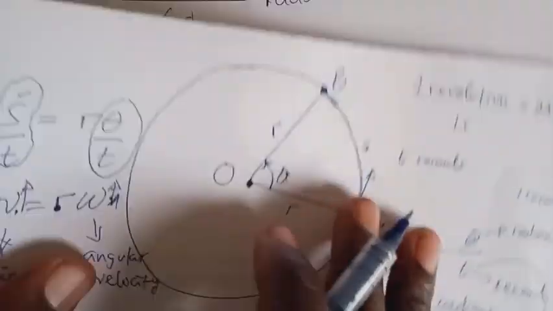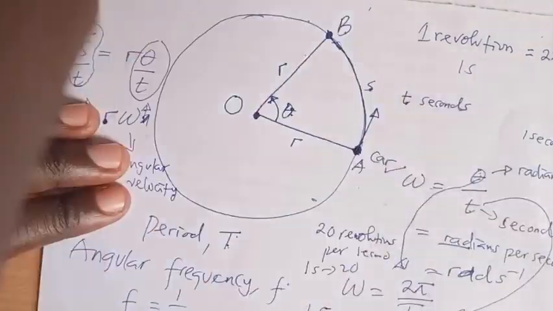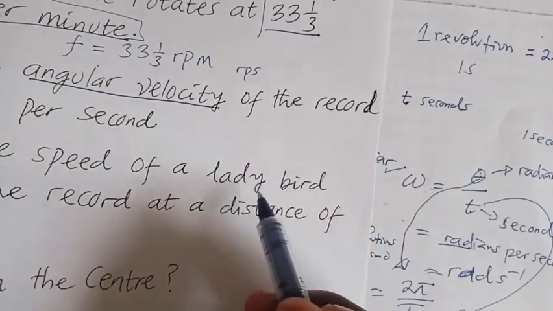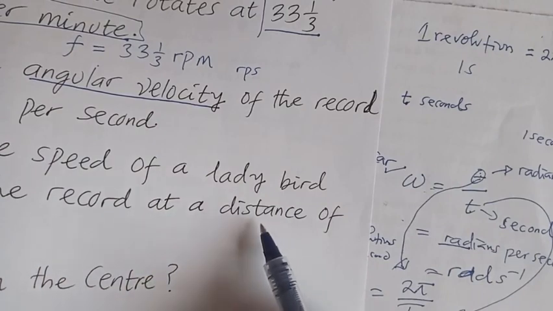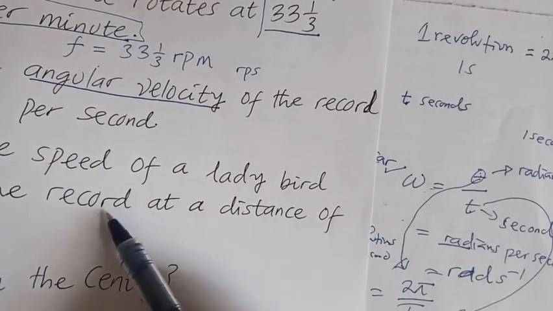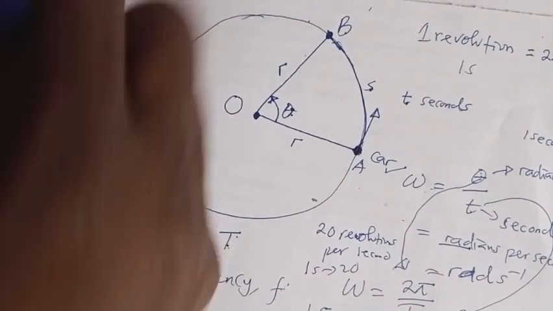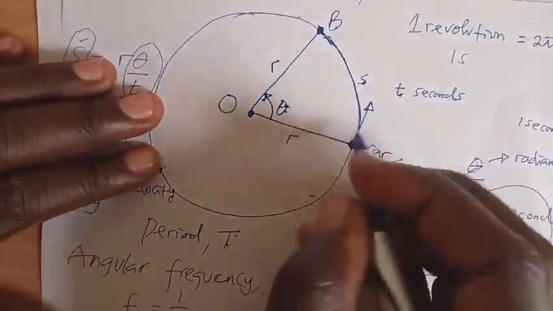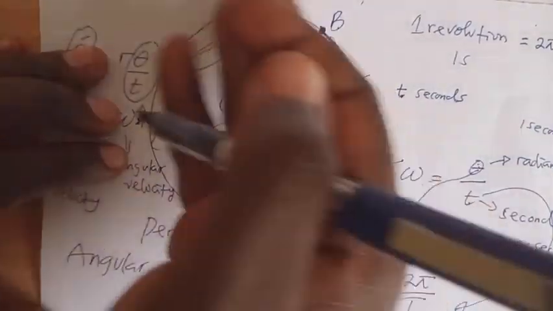Okay, in the second problem, we are going to use this formula. Coming back here, you have a ladybird sitting on the record at a distance of 5.0 centimeter. I'm going to assume that the whole of this is the record, and it is rotating.